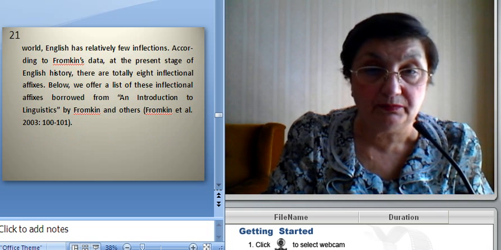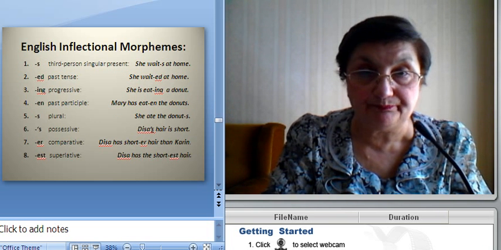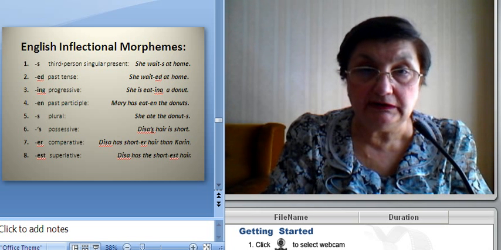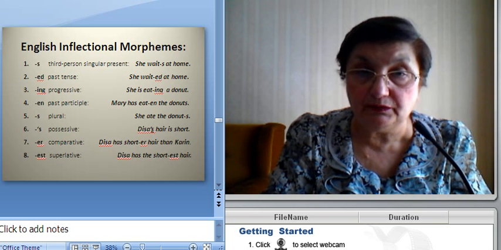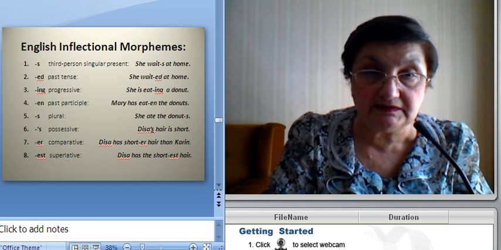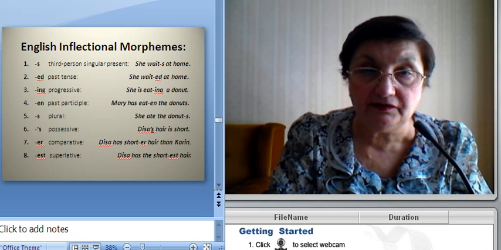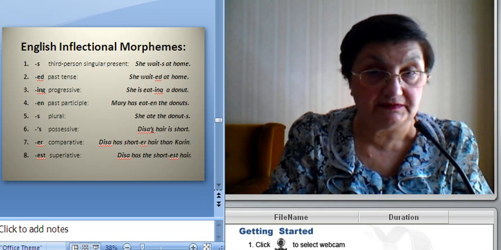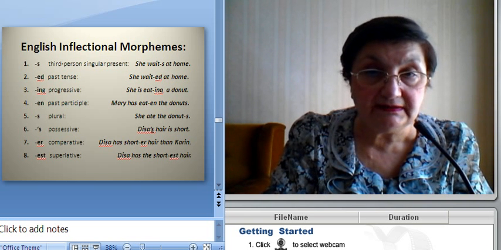The first is s, that indicates third person singular present. For instance, she waits at home. The second is ed, that forms past tense. She waited at home. The third is ing, forming progressive aspect.